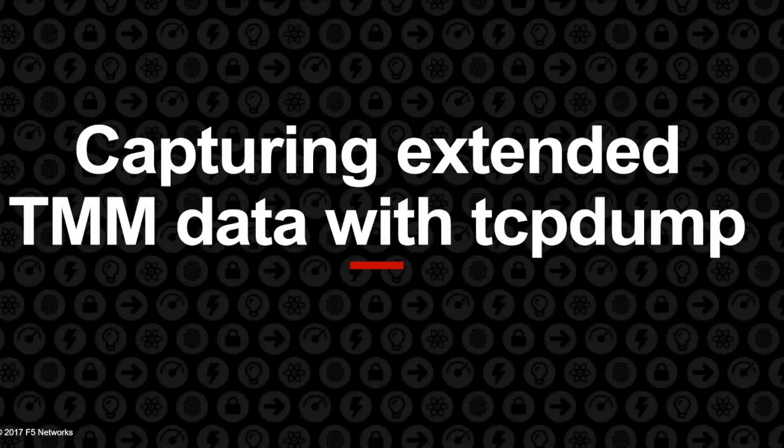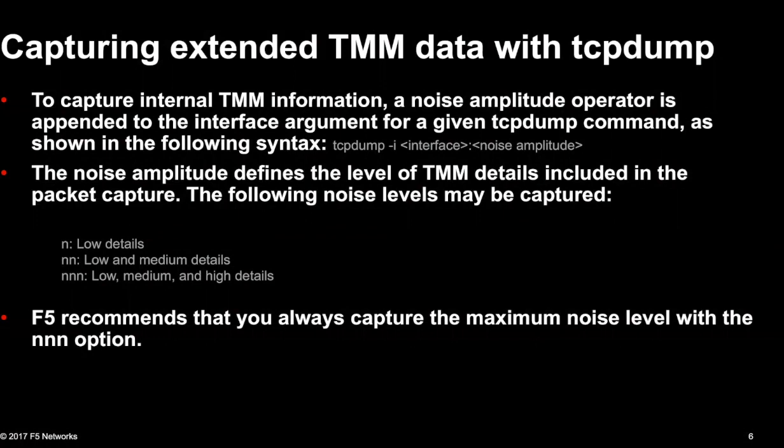So, capture extended TMM data with Tcpdump. To capture internal TMM information, we have a noise amplitude operator that you can append to the interface on the Tcpdump command. This noise amplitude defines the level of TMM details that you want to include in the packet capture.